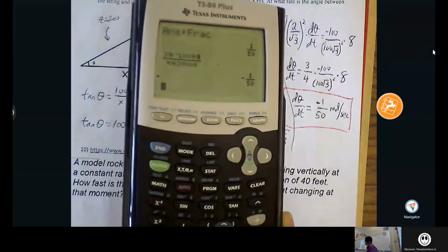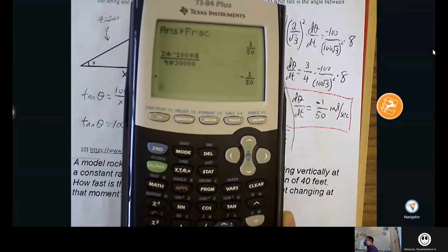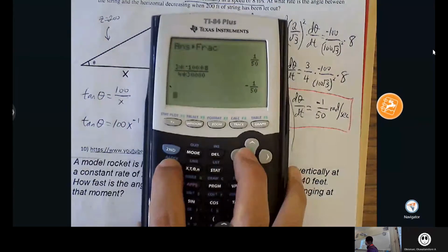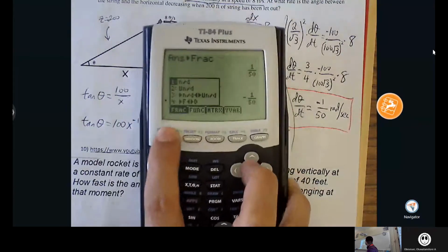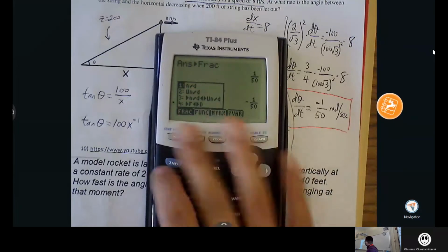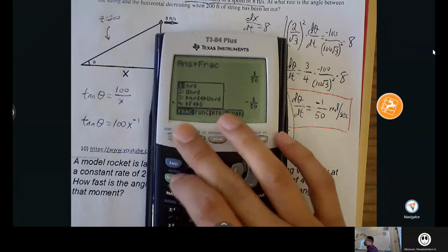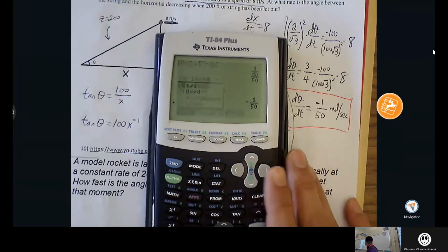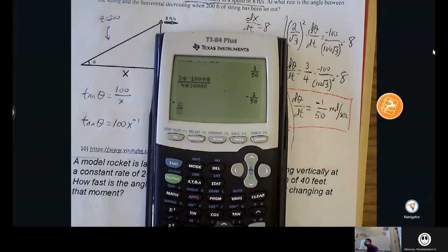Yeah. Do you know how to get to that fraction button? No. If you hit alpha y, you see that n over d. See that n over d? Should have it.